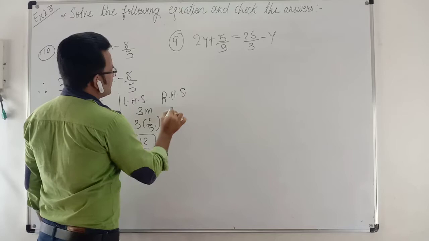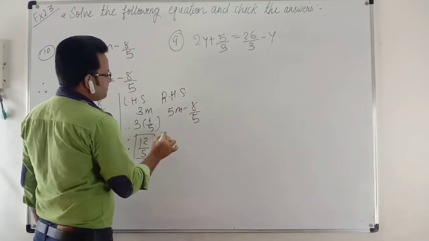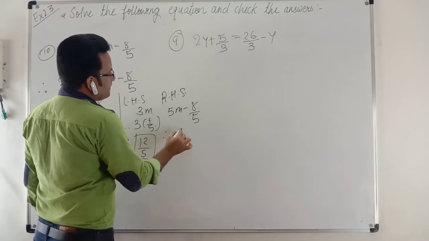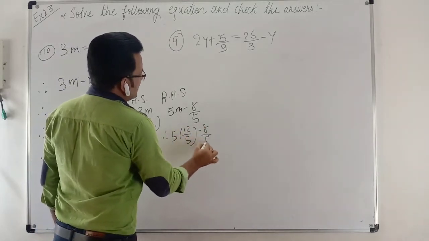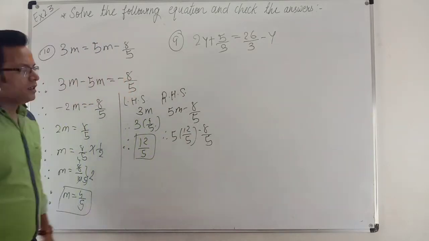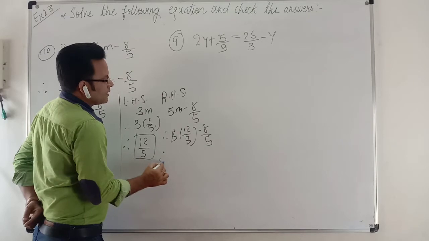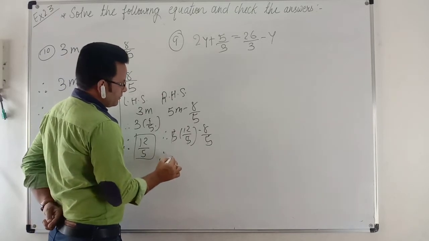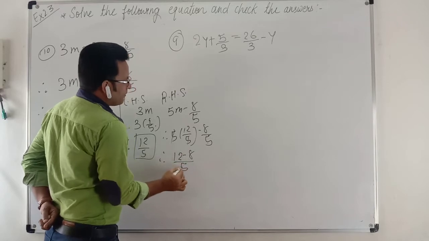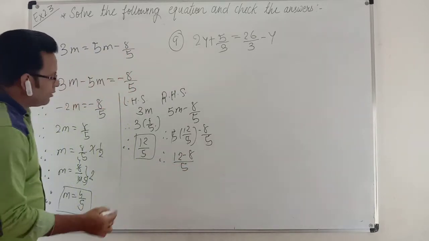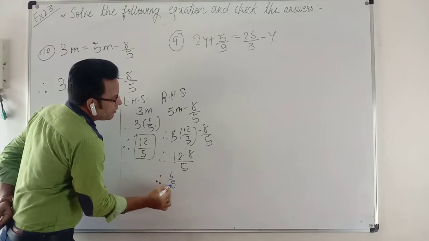Now, RHS is 5m minus 8 upon 5. Therefore, 5 into 4 upon 5 minus 8 upon 5. Now, here try to understand. 5 cut. Therefore, what is left? 12 minus 8 upon 5. Now, 12 minus 8 means 4 upon 5.